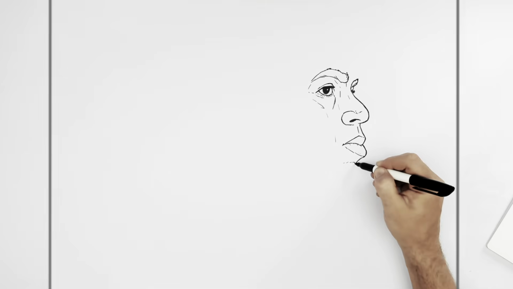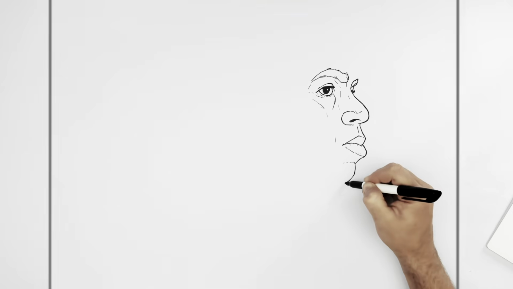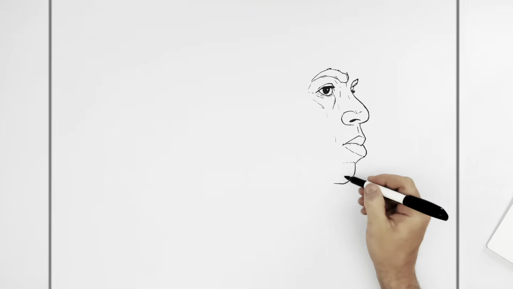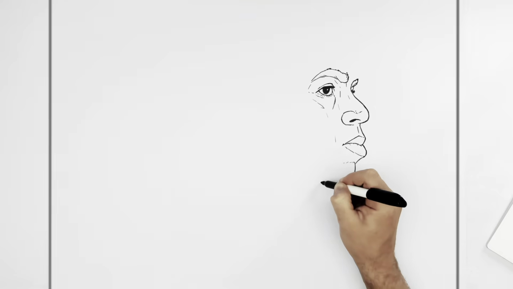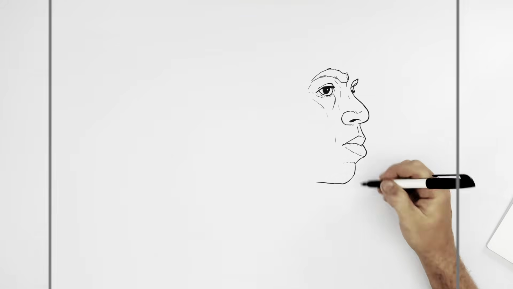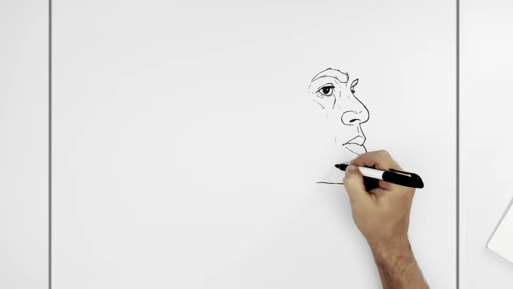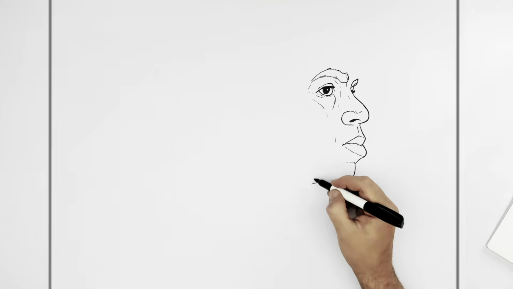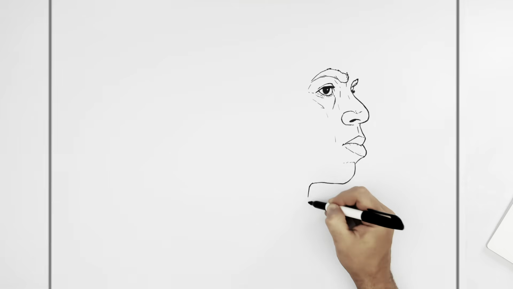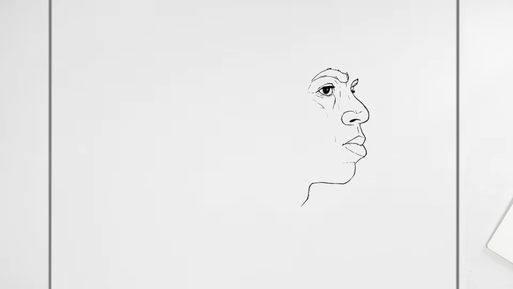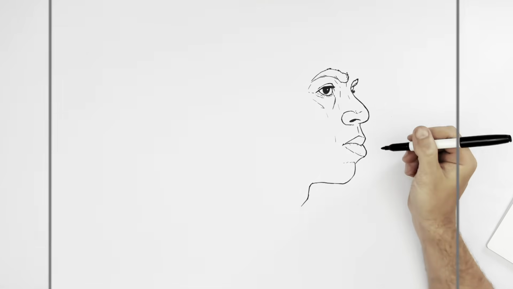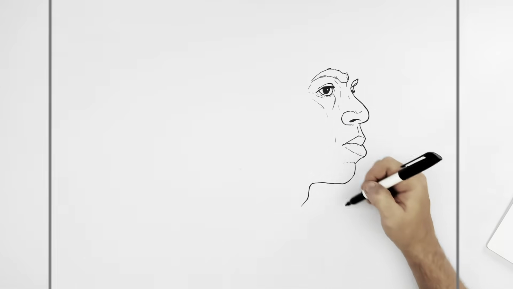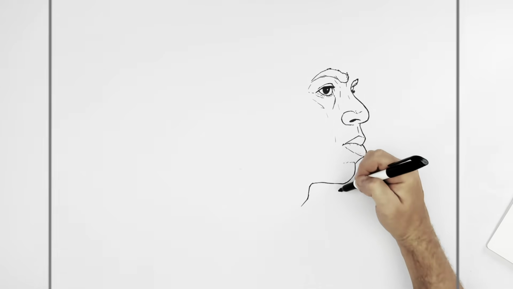So his chin comes down around here, and it goes into his neck. Right, there's two lines: the one that joins the neck, like his Adam's apple, and then the jaw. So we get his Adam's apple here. And then for the jaw, we'll do a sort of gradual curve.